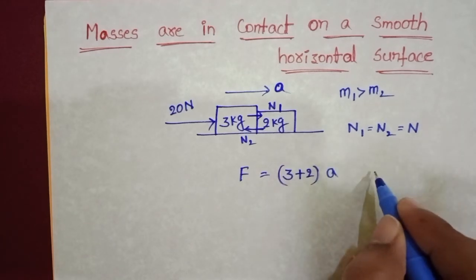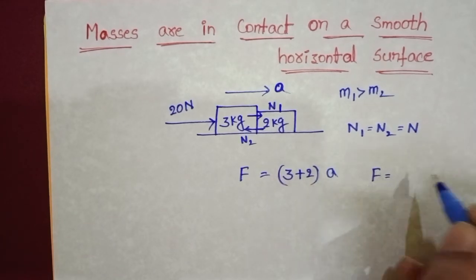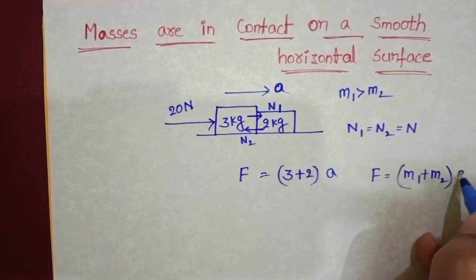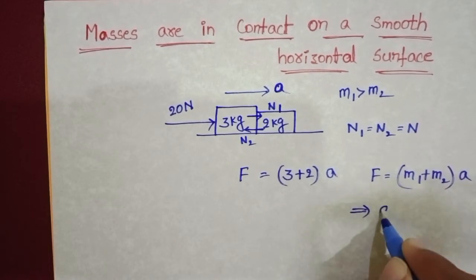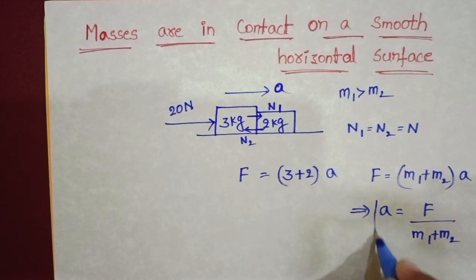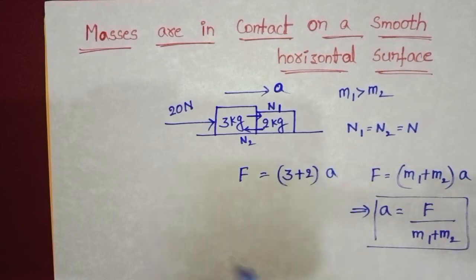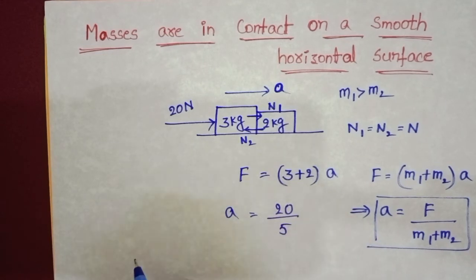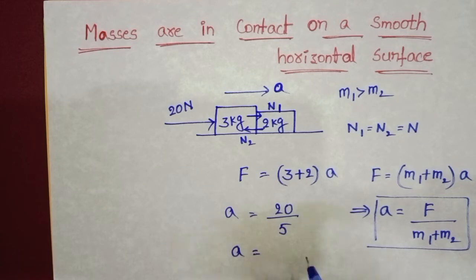So F is equal to (m1 plus m2) into A. So acceleration is equal to net force by total mass. A is equal to F by (m1 plus m2). A is equal to applied force 20 Newton by mass 5 kg. So the acceleration of the system is 4 meter per second square.